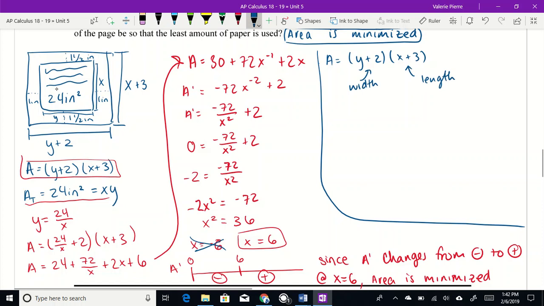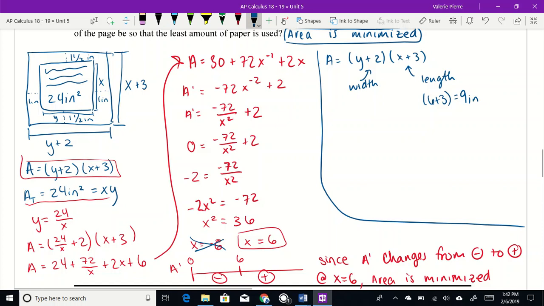So we can find the length pretty easily. We know what x is. X is 6. So 6 plus 3 equals 9. So 9 inches is the length of our sheet. But now we need to know the width. So we need to know what y is first.